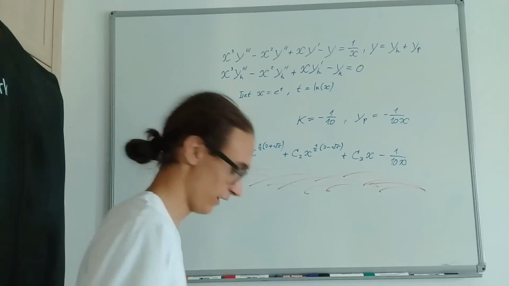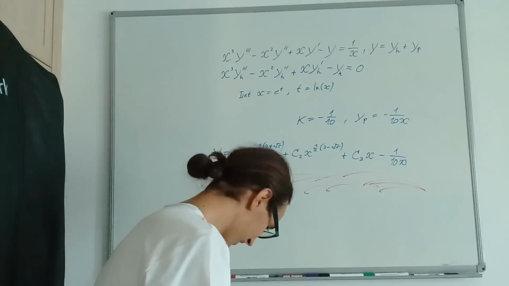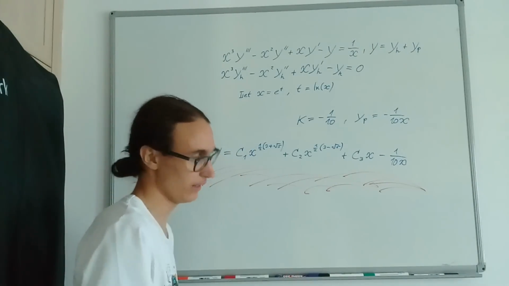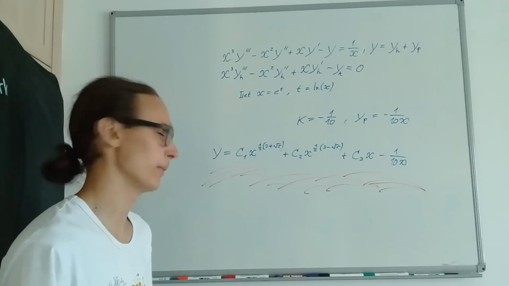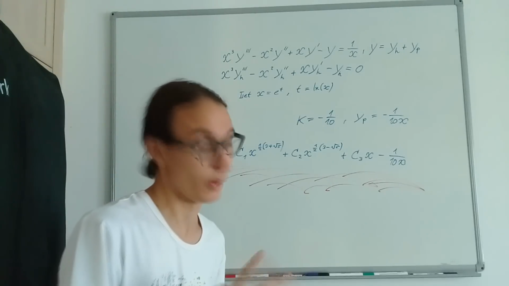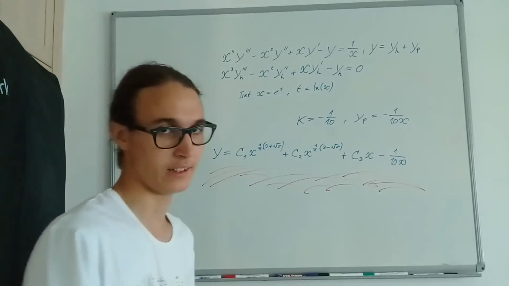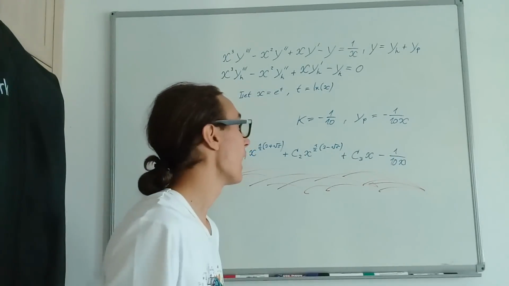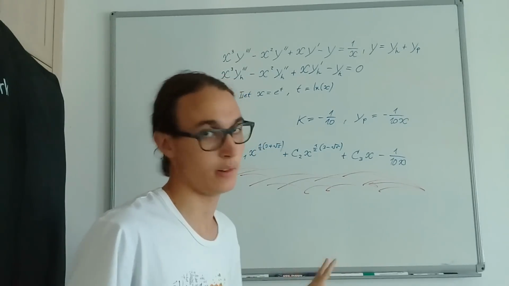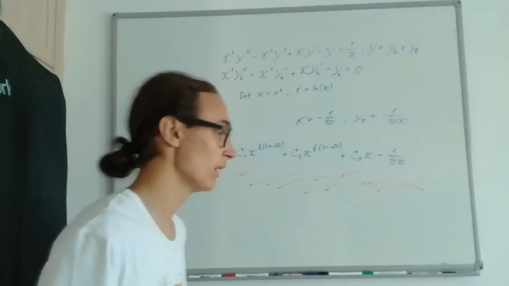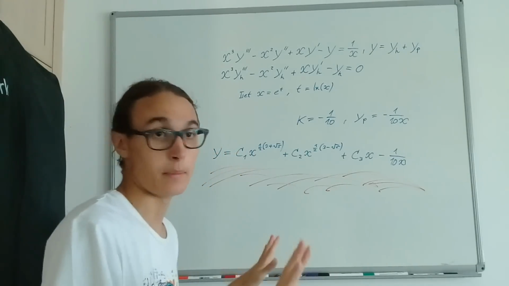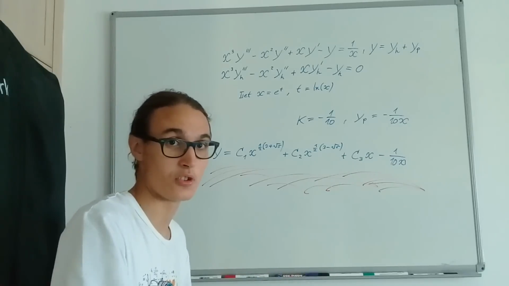Oh yeah, and by the way, funny story. When I first tried to do this, I made a sign mistake, because of course I did, as every great mathematician does. And I'll just give you 3 options on what happened next. A, I realized my mistake almost immediately and I corrected it and never looked back. Option B, I made a mistake, forgot about it, and still got the right solution.